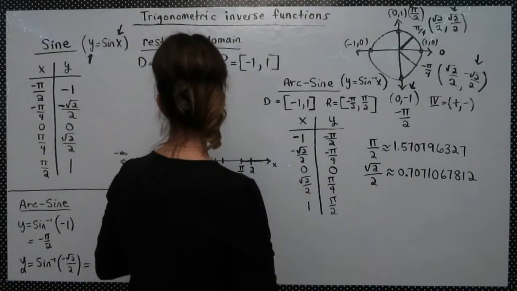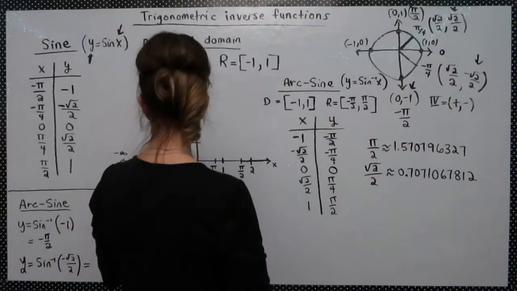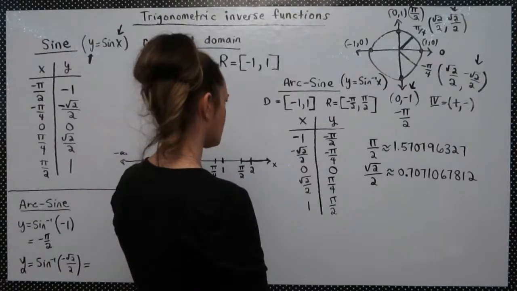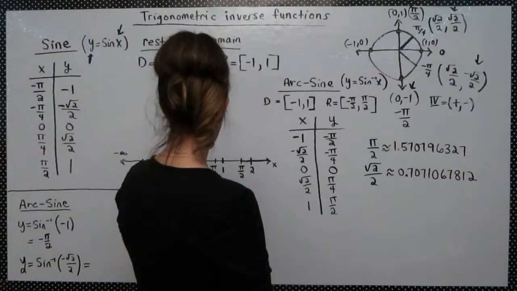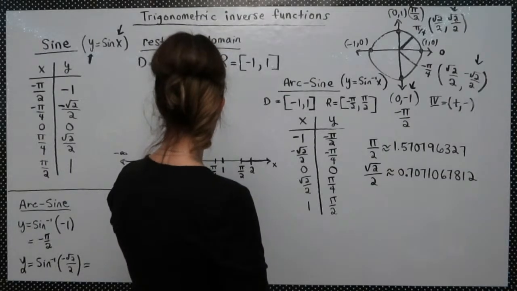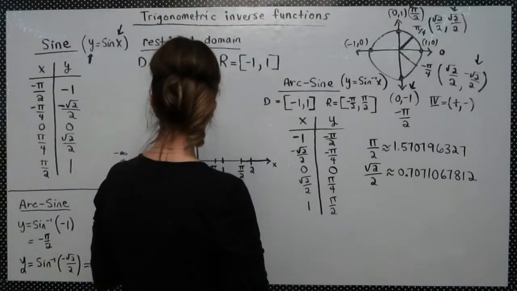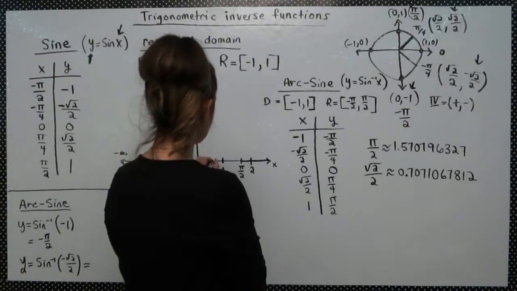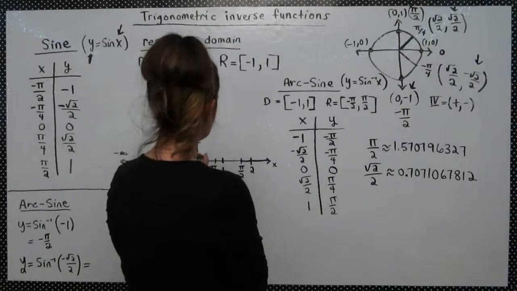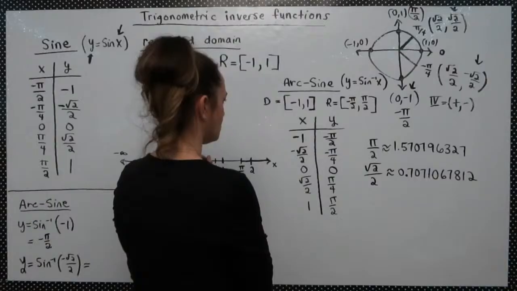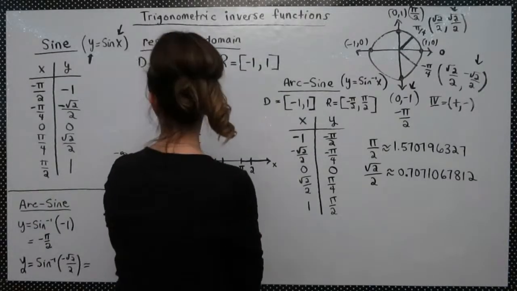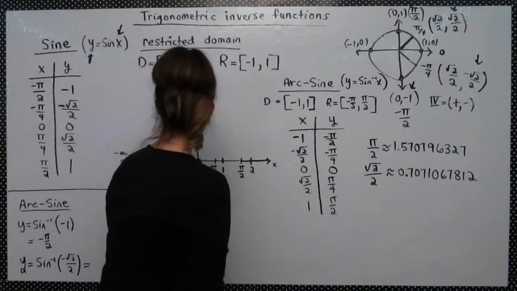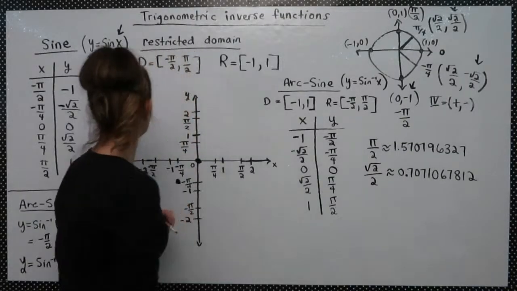When I listed my values on my graph, I did π/4 and I didn't list that other one. Okay, we've got 0.7. Yeah, that's right. Sorry. Okay. And so then we've got 0, 0.